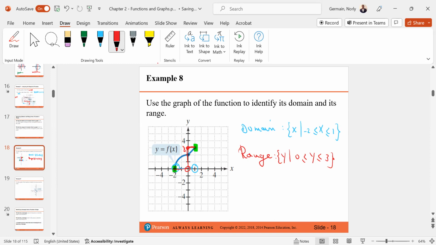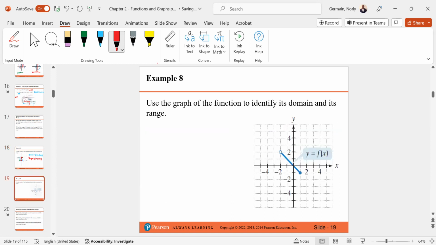We can also try different examples. Here, use the graph of the function to identify its domain and its range. We start with the domain here and go all the way to here. So what is that? -2. Remember, domain is about x, such that x is between, is that closed?